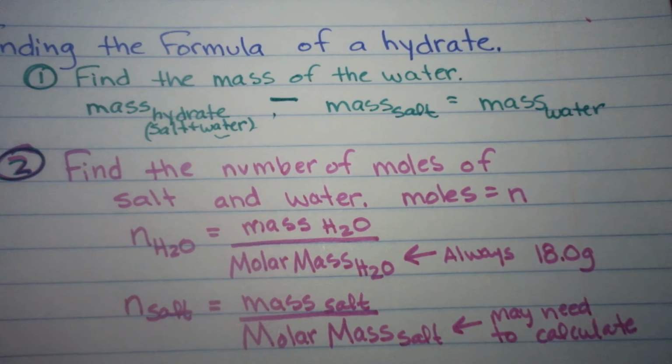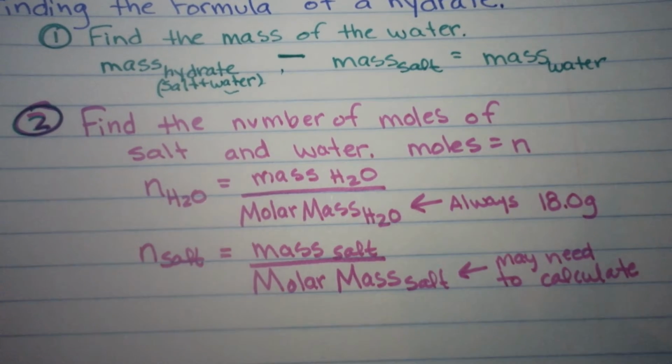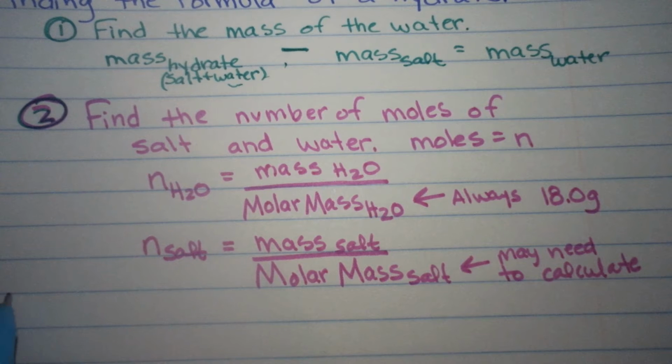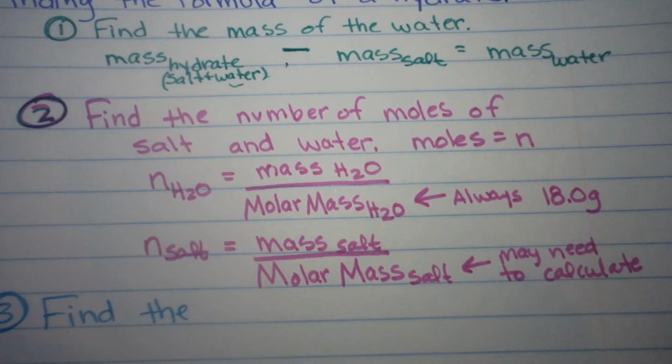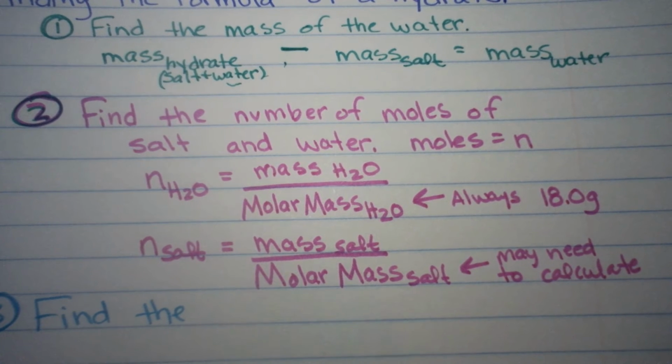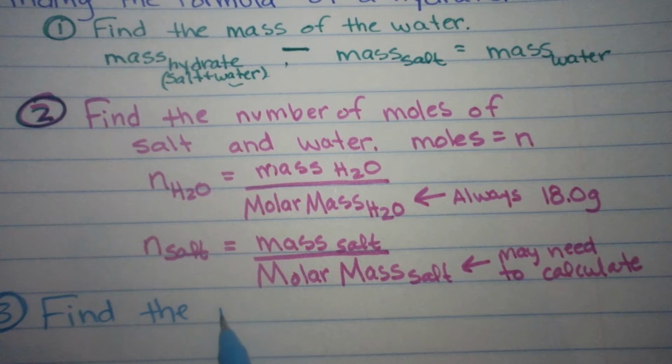And the third step. Third step is find the number that goes with the hydrate. Because you already know the formula for the salt from its name or you're given the formula.